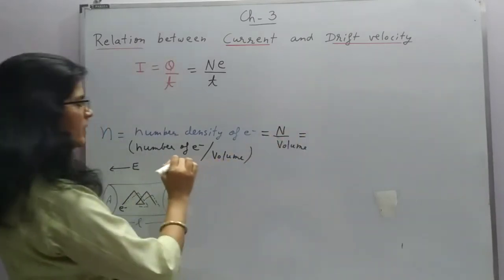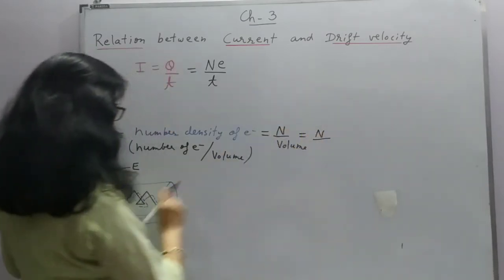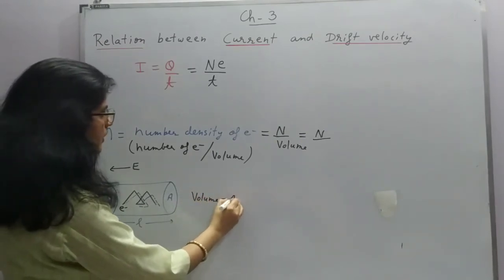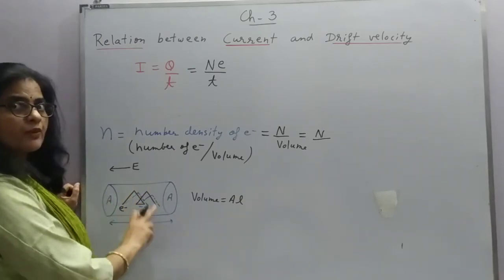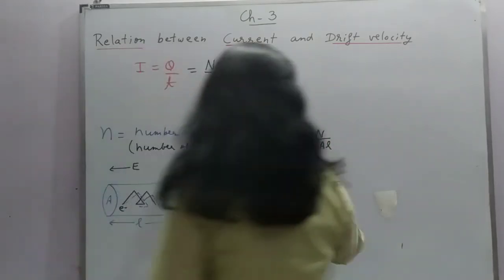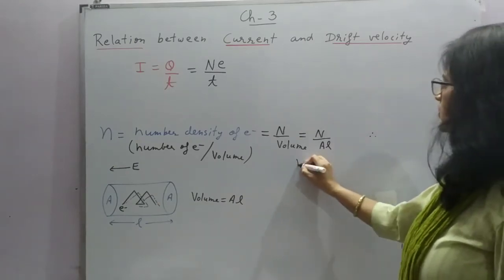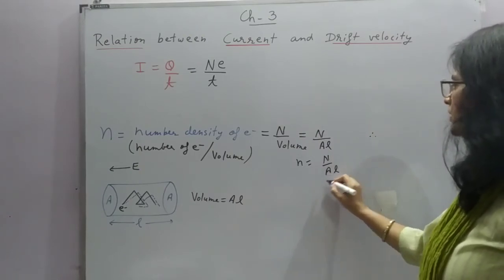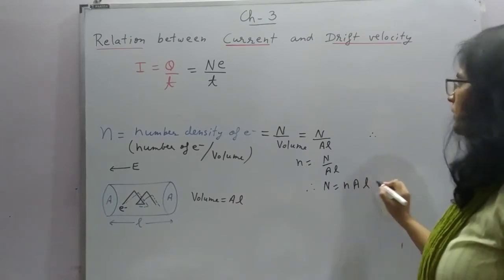For this cylindrical piece of wire, volume is A into L, base into height. So small n is N upon AL, and therefore capital N is small n into AL.